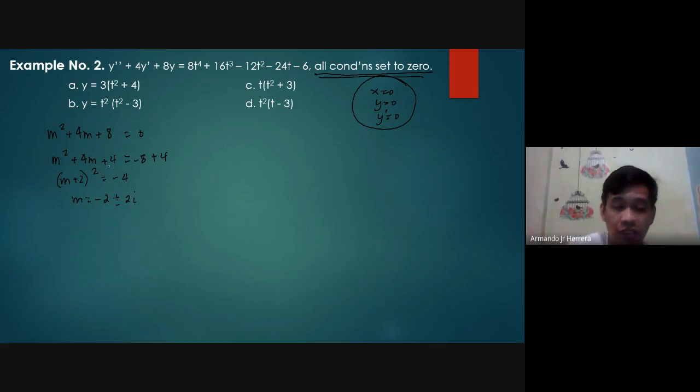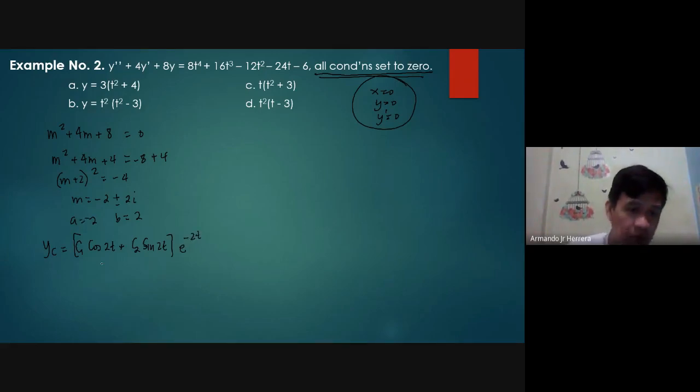So if I'm going to take the square root, magiging m plus 2, transpose to the right, negative 2 plus minus 2i. So a is negative 2, b is positive 2. So YC here is equal to C1 cosine 2t plus C2 sine 2t e to the minus 2t.